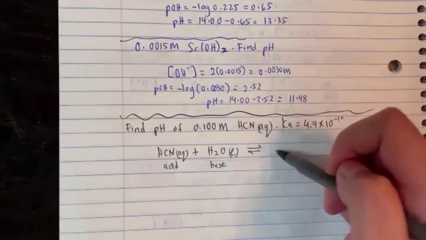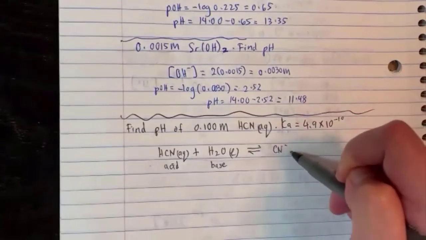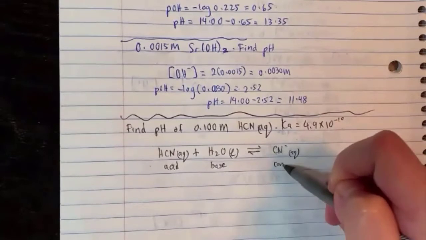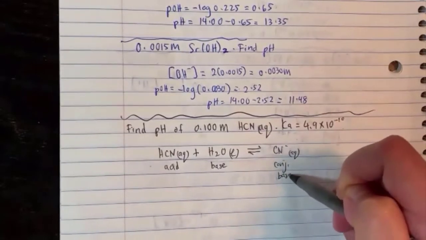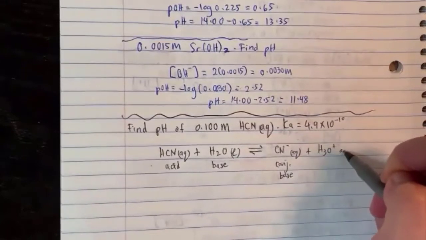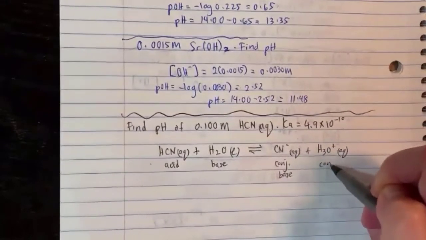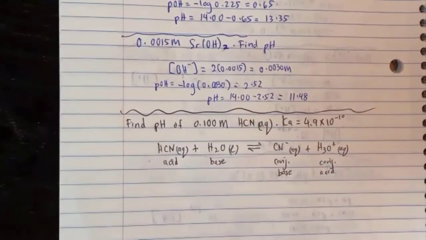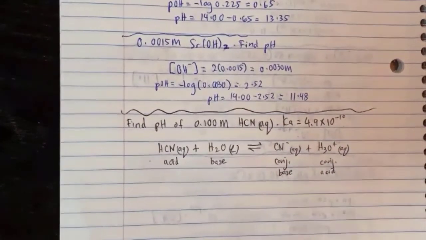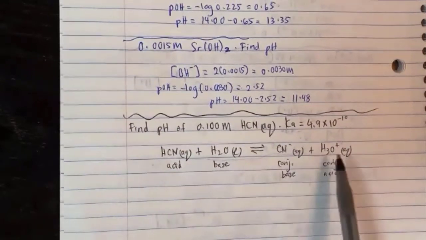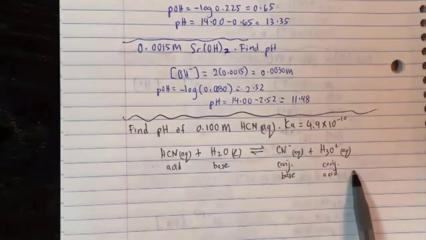HCN plus water, you get CN negative, which is your conjugate base, plus H3O positive, which is my conjugate acid. Hopefully everyone gets this part. This is just the equation from what we learned in the first part of this chapter.